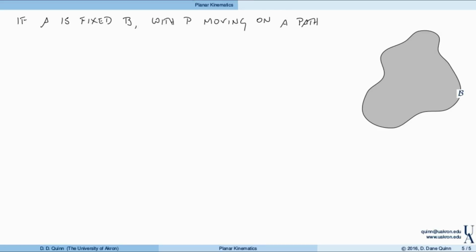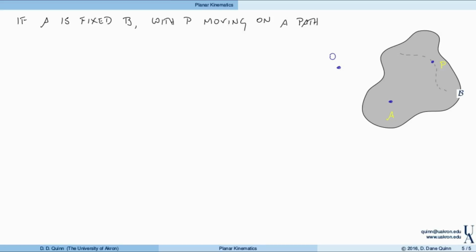So let's assume that we have some path for P. P is going to move along this dotted line. We'll have A there, we'll have P there, and again we'll put the origin O here. But P is no longer fixed in the object, though we assume that we can say something about the motion of P in the object.